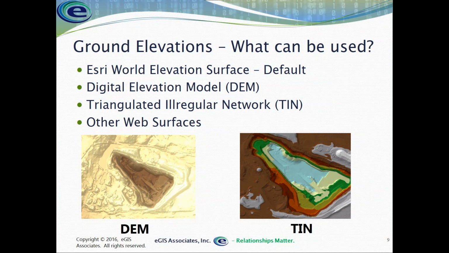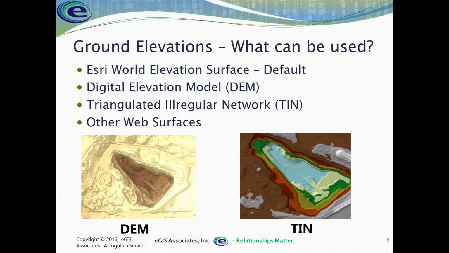They are talking about introducing cached vector data, which might improve that performance some, but that will be at least at 1.2, which, like I said, isn't due out till February, but we'll see. And then other web services that get published, you could connect in as well. But in most cases, you're going to use a DEM, a TIN, or the Esri elevation surface, or at least that's been my experience so far.